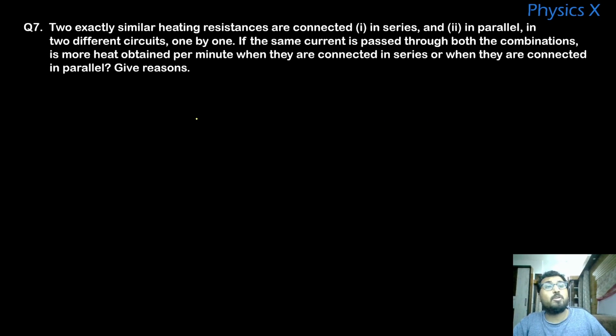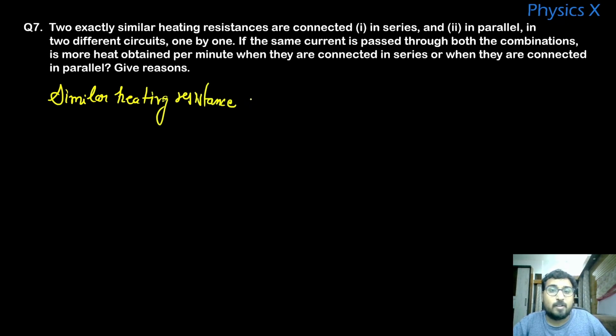Let us move to another question. Now, two exactly similar heating resistances are connected. Similar heating resistances, this word has been used. It means the value of resistance is the same. Let us say R here.